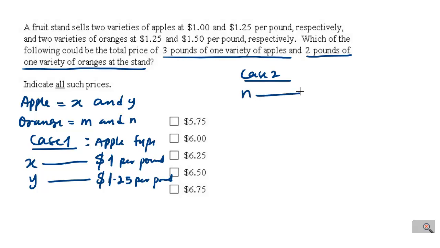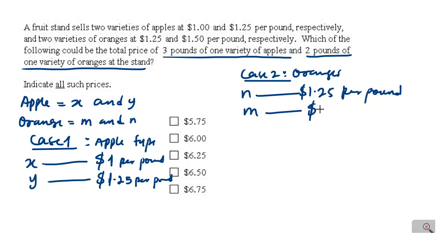One of the orange types, according to the question, is $1.25 per pound, and then the other orange type, don't forget this is for oranges, is $1.50 per pound.